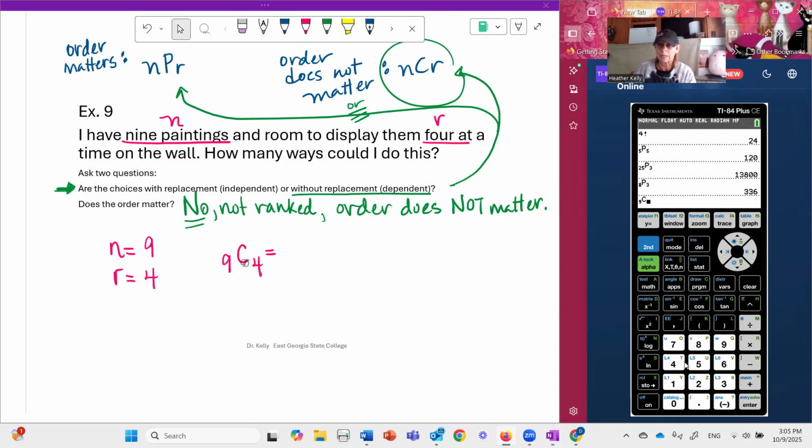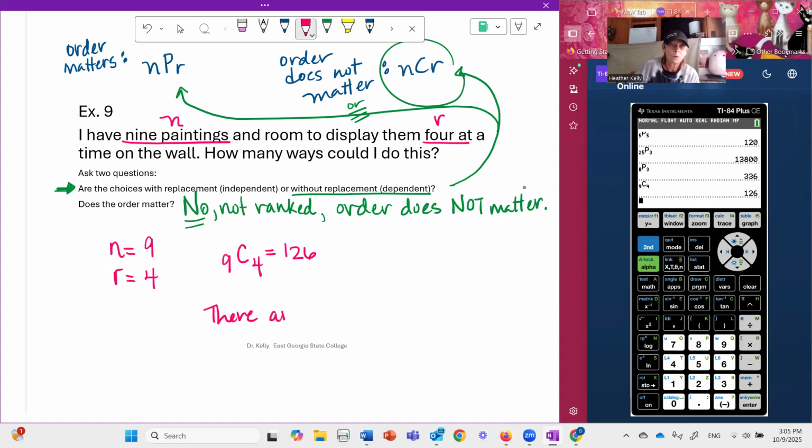Enter, same, enter your 4 and enter. And we get 126. So there are 126 total ways to hang the 4 paintings.